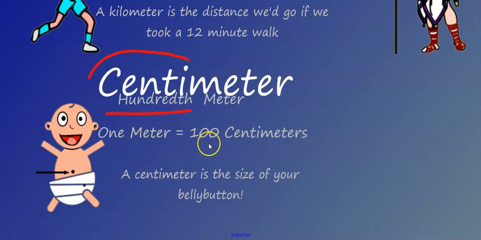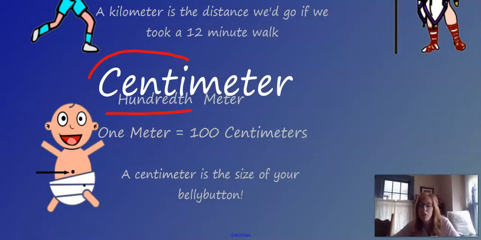So you have 100 of your fingers. If you put 10, 10, 10, 10 going straight across, you would have 10 of your fingers 10 times, and that would be 100, and that would be 1 meter. So there's 100 centimeters in 1 meter.